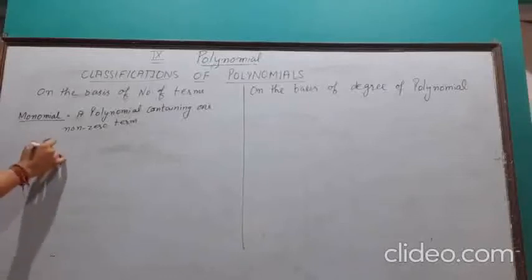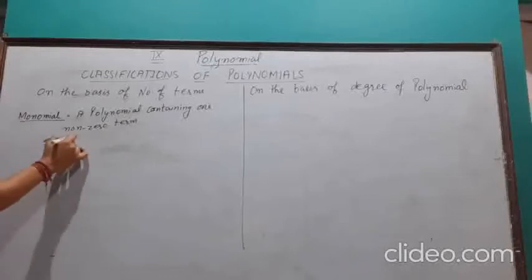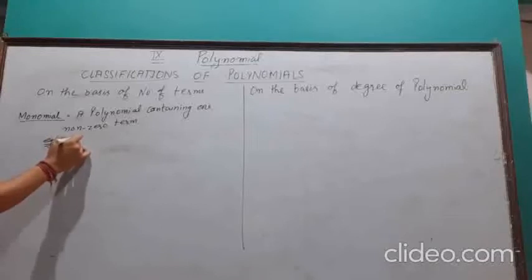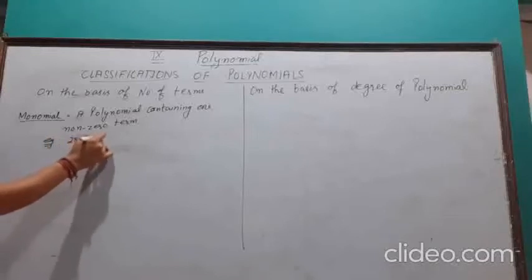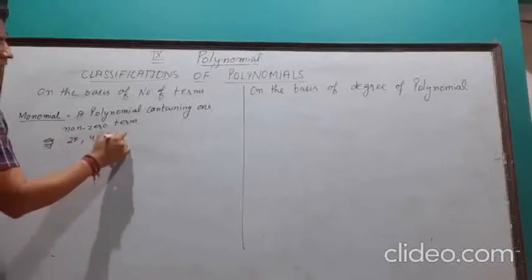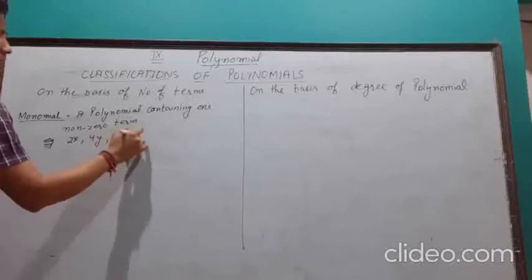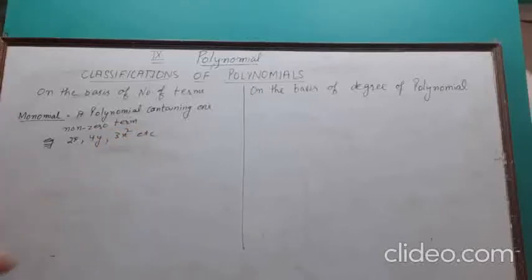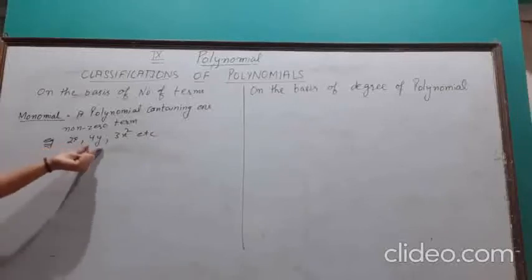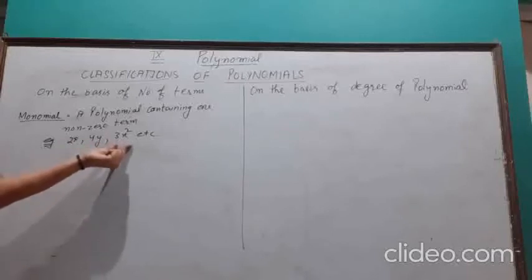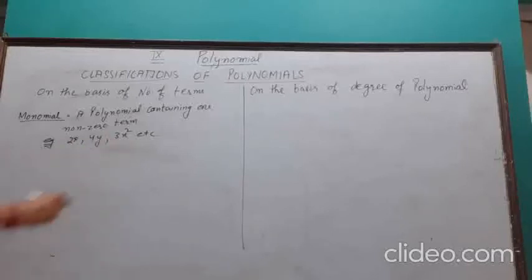Let's take the example of monomials: 2x, 4y, 3x square, etc. Here we observe this polynomial contains only one term 2x, it contains one term 4y, it contains one term 3x square. So these are monomials.